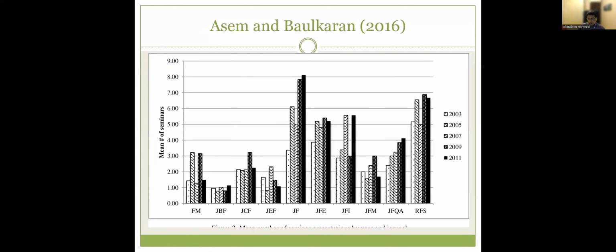Similarly, for seminars, you find that top journals like JFE and RFS, and JFQA to some extent, tend to have a high number of seminar presentations as well. And that's how these papers get polished before they see final publication.